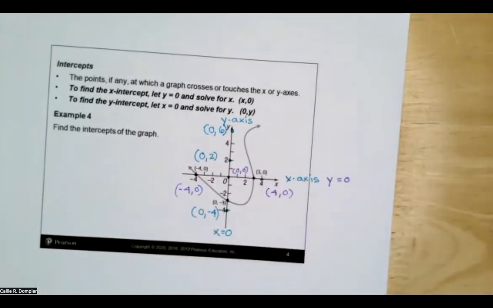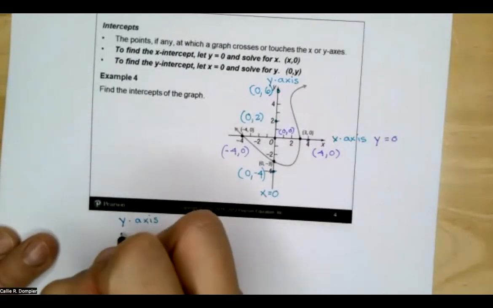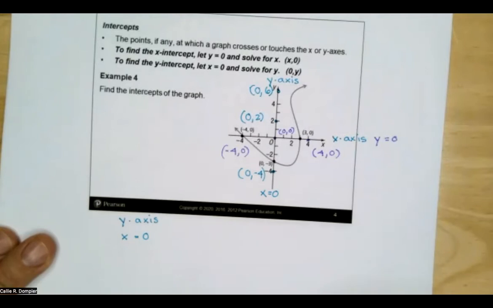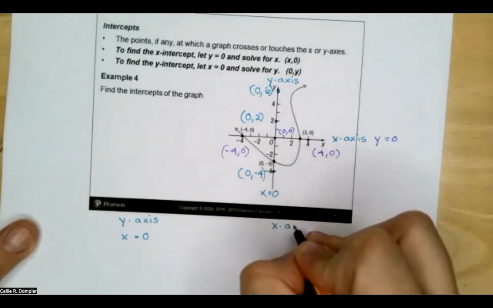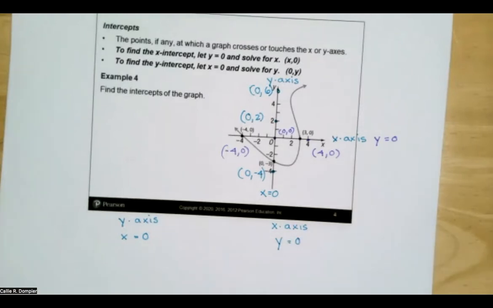Good. So for the y-axis, x is always 0. For my x-axis, y is always 0.